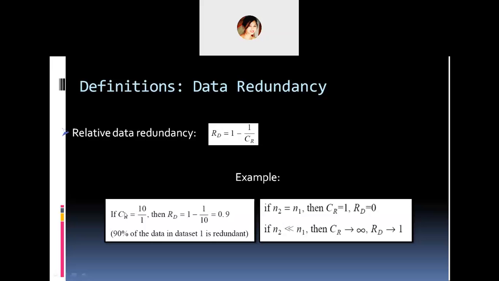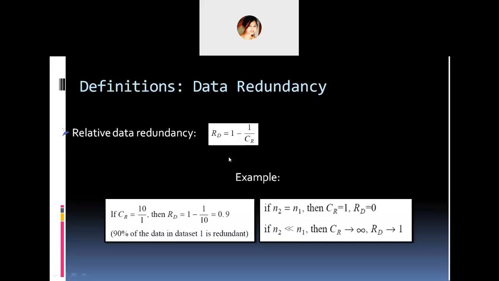For example, say the compression ratio is given as 10/1. That is, 10 is the original size of the image in bits, and 1 is the compressed size of the image in bits. So compression ratio is 10:1.